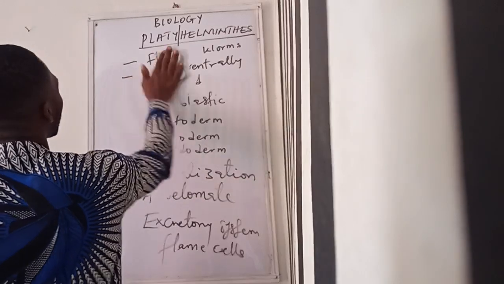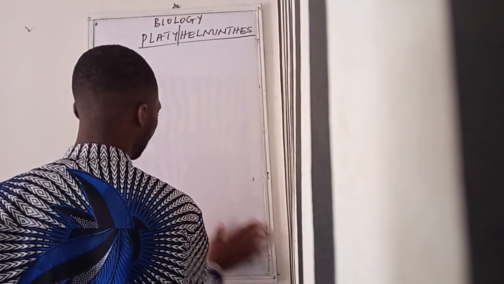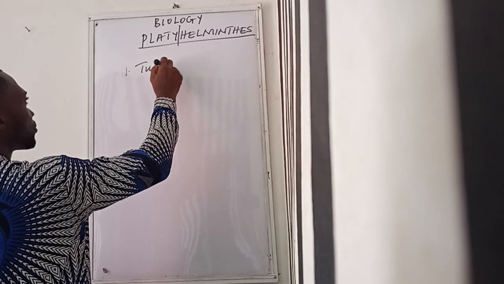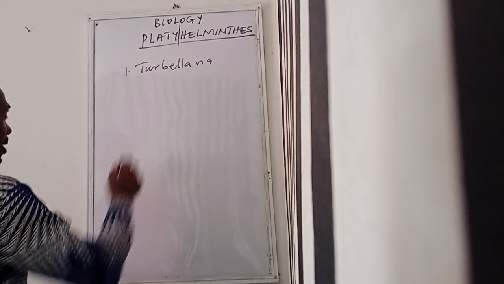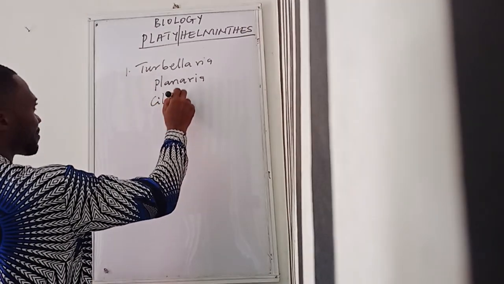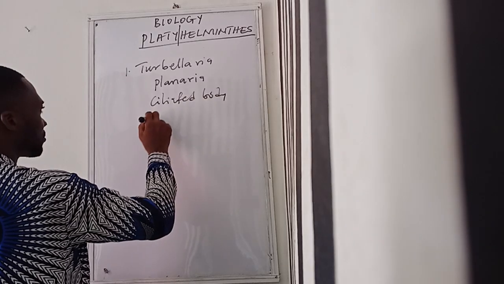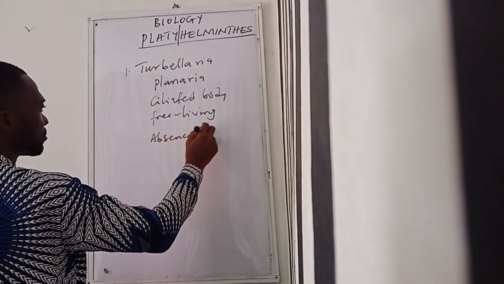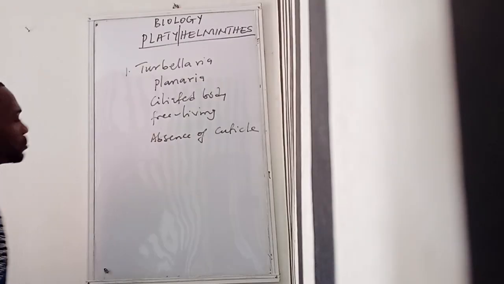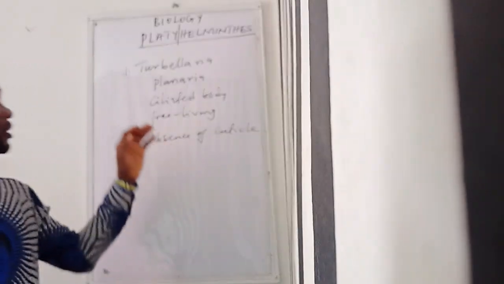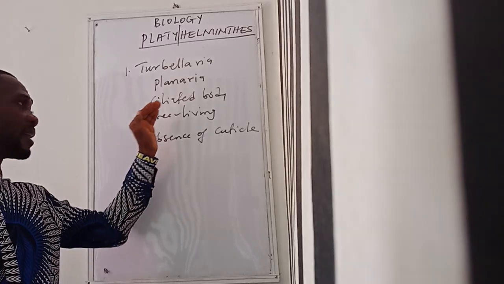We'll now look at the classes. The first class is Turbellaria. In Turbellaria, the characteristic is that they have a ciliated body.